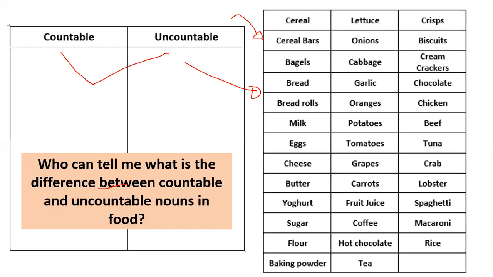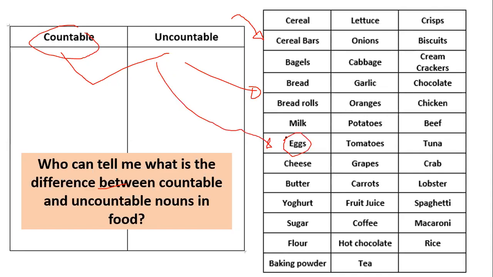So the things that you can count, for example, eggs. Countable, an example can be the eggs. Egg, right?